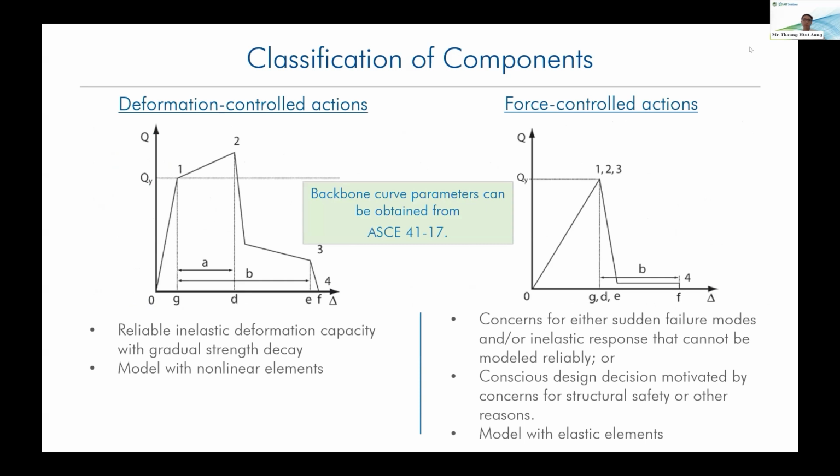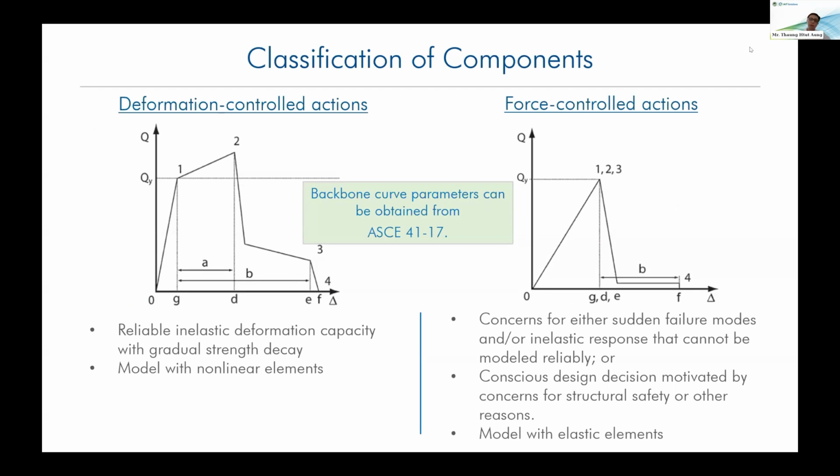To classify the actions, deformation control and force control, we have to consider based on their ductility. For example, the beam flexure response has ductility, so we consider it as the deformation control action. But for the shear response of the beam, we cannot consider it as deformation control because the response is brittle. So we consider it as force control action.